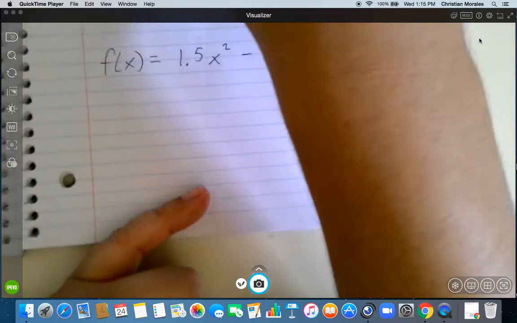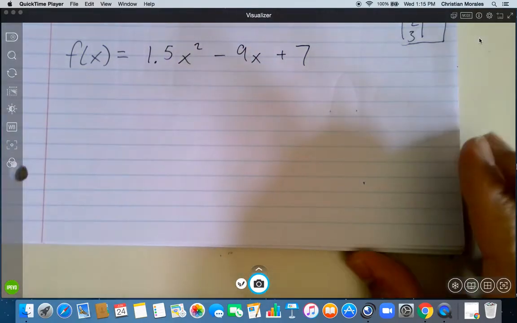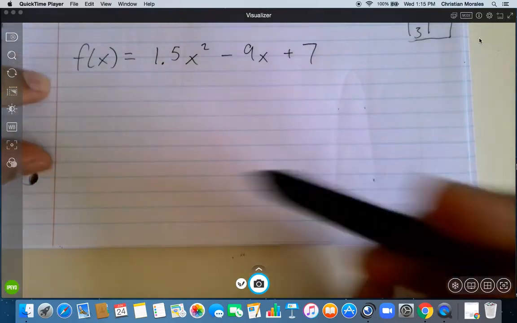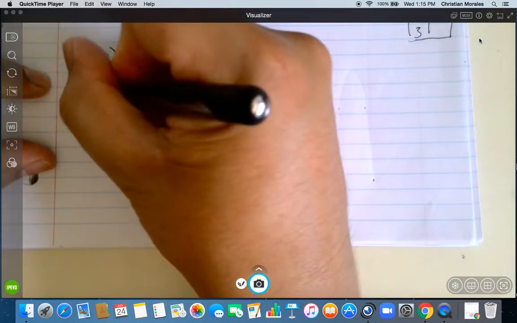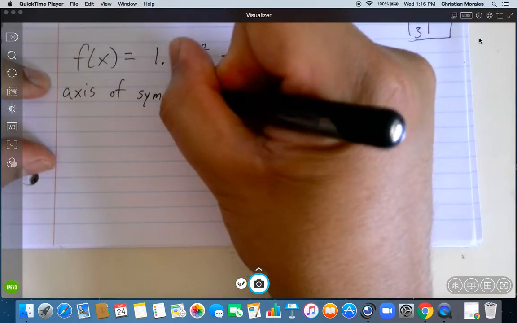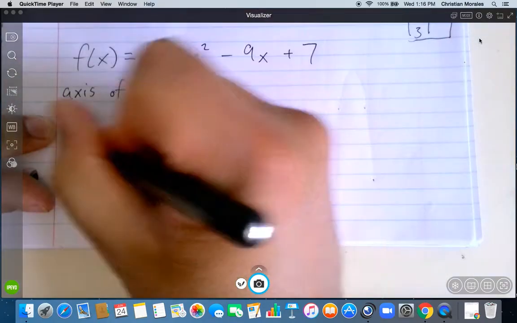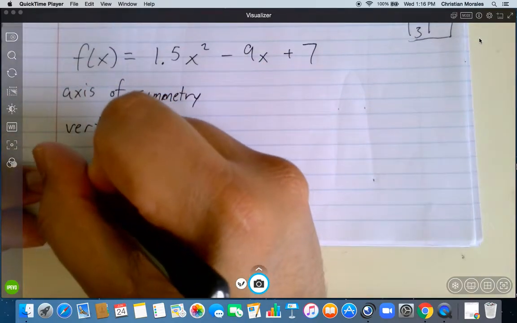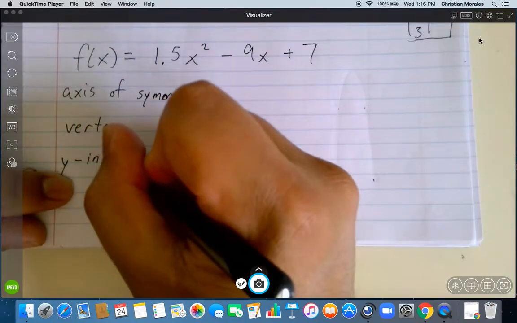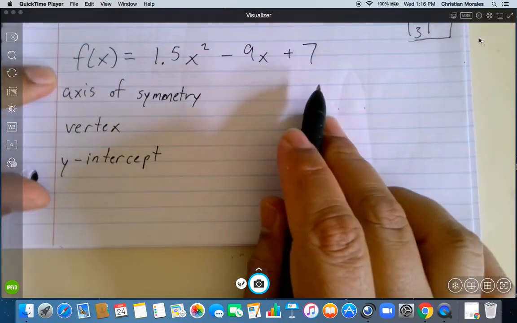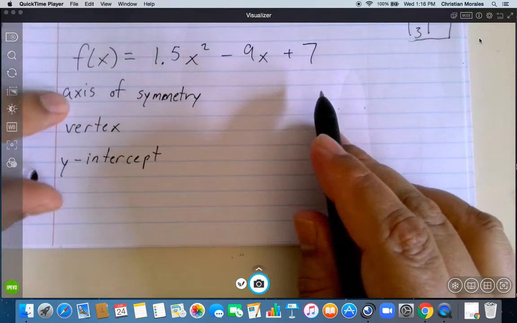All right, so let's do both of those things now. Let's say I want to find the axis of symmetry, then the vertex, and then the y-intercept. Let's say I want that information from this equation. We're going to start with the axis of symmetry.